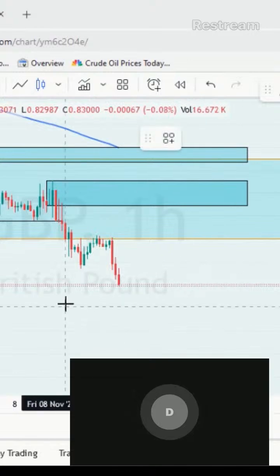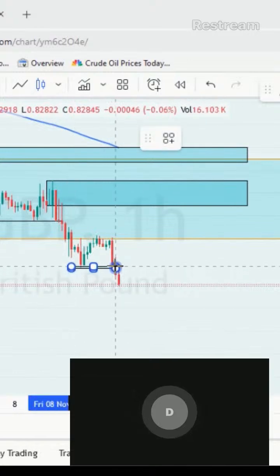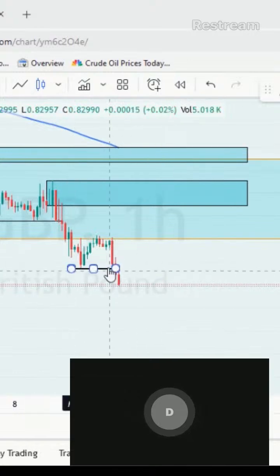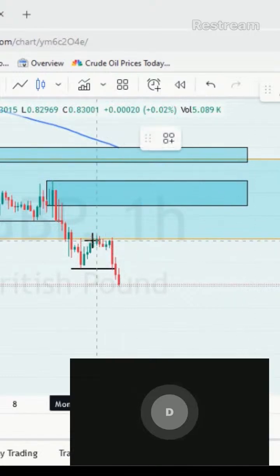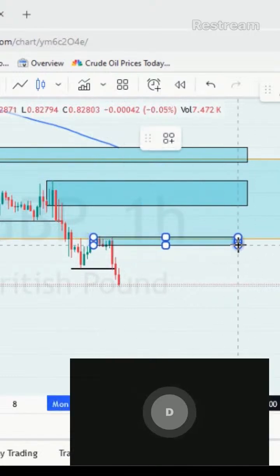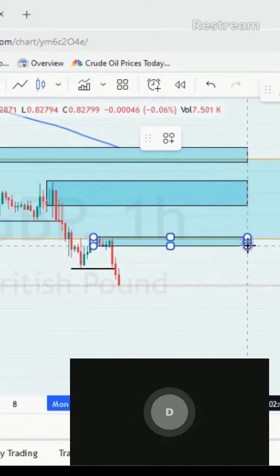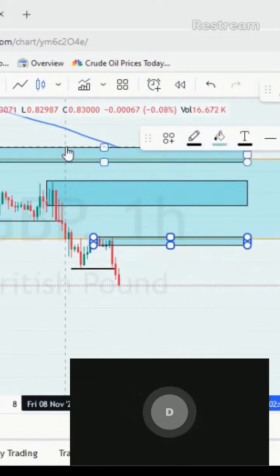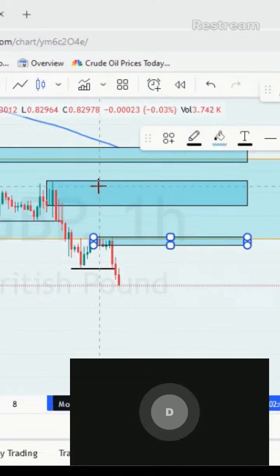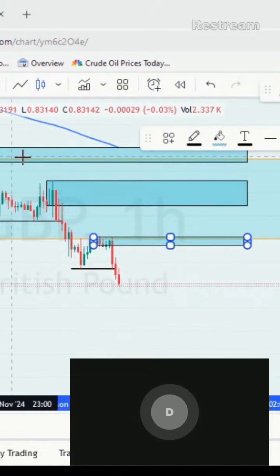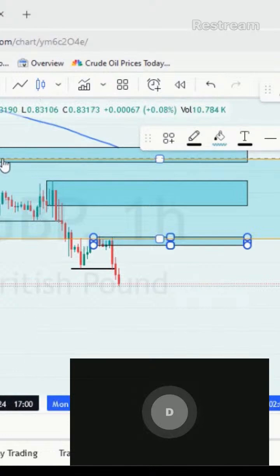So we have another break on structure here now. We need to wait for the price to pull back to either this place or this place or this place. This is a minor supply. This is also another minor supply, but this is the major supply level that we have here.